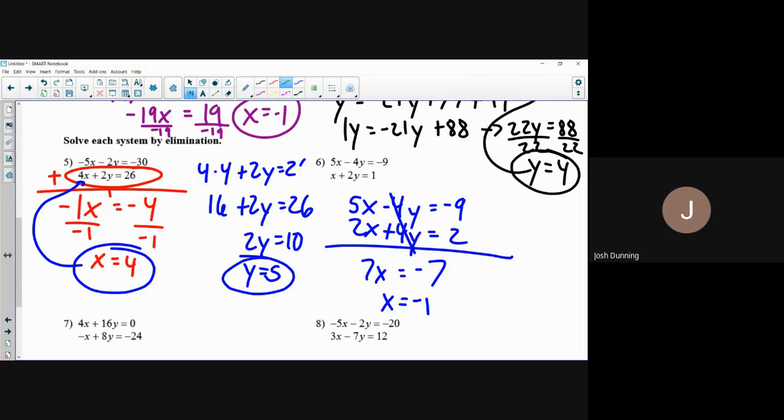Neither one is that tough, but hey, look, the bottom has smaller numbers and the x doesn't even have a coefficient, a number in front of it. So if I just take my -1 and I plug it in for that x, hey, easy equation, add 1, divide, y is 1.